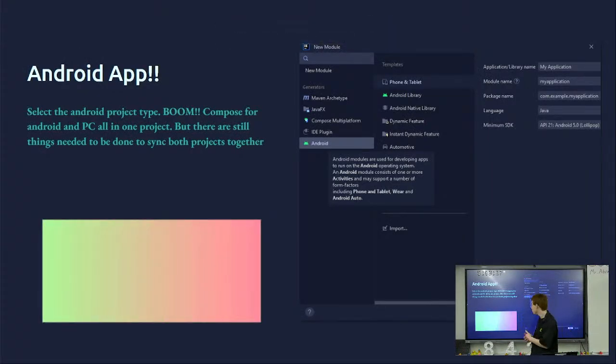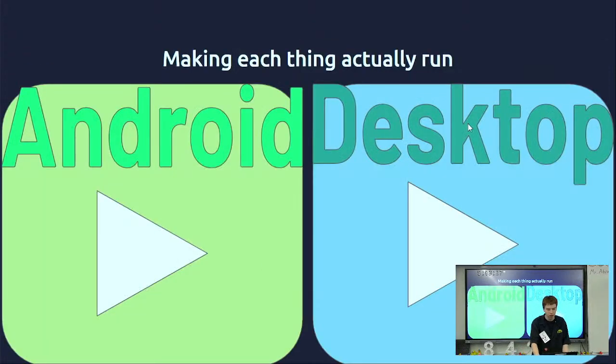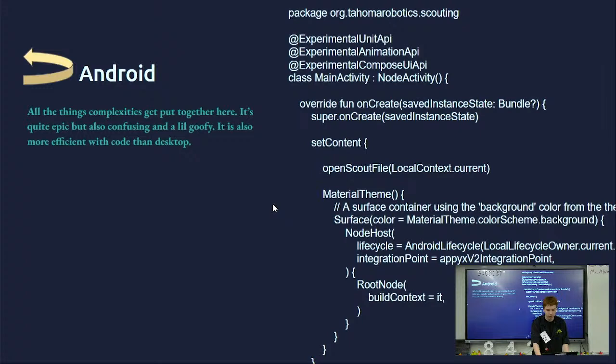So using modules, you can blend them together with your Gradle and stuff, making things actually work. Android. So this is MainActivity, the thing I was talking about earlier when I said material theme, when I didn't really mean material theme.